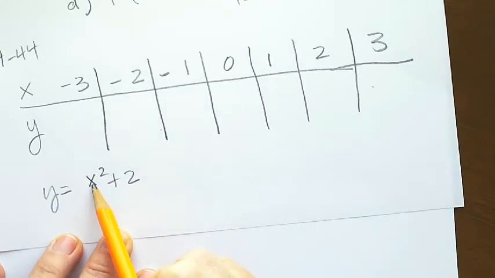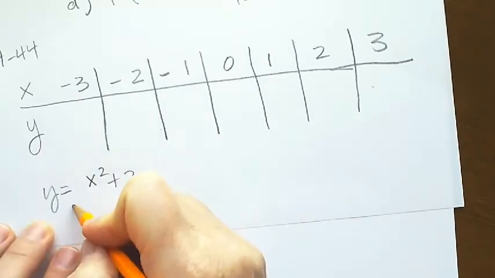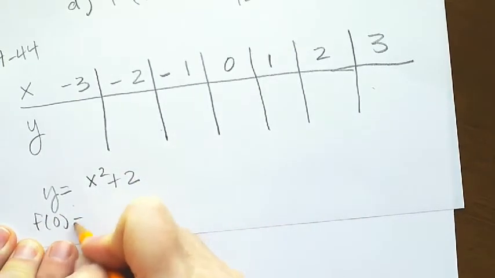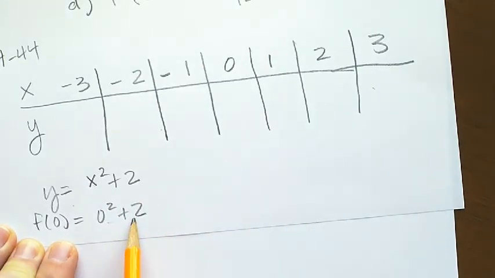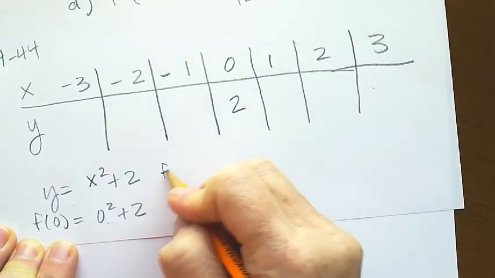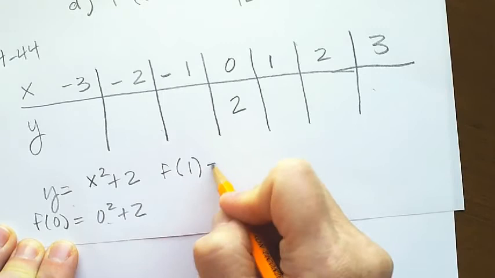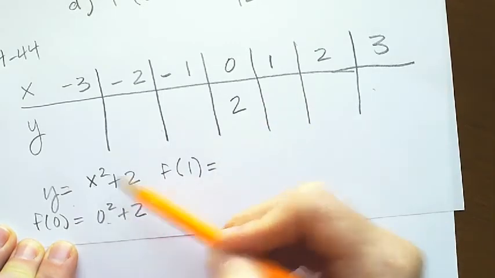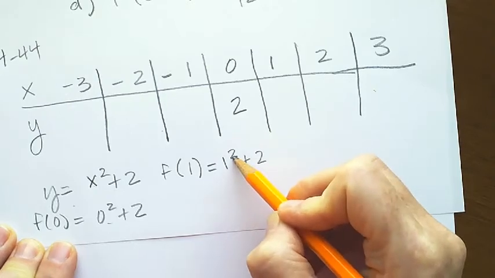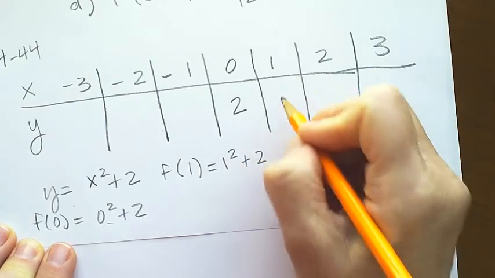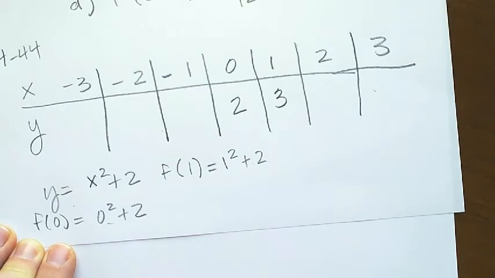If I plug in 0, so f of 0, I would get 0 squared plus 2. So that would be 0 plus 2, which would be 2. If I plug in 1 into x squared plus 2, I would get 1 squared plus 2. 1 squared is 1, plus 2 is 3.